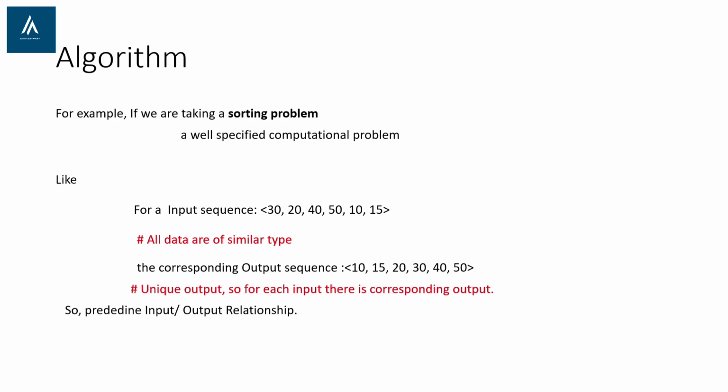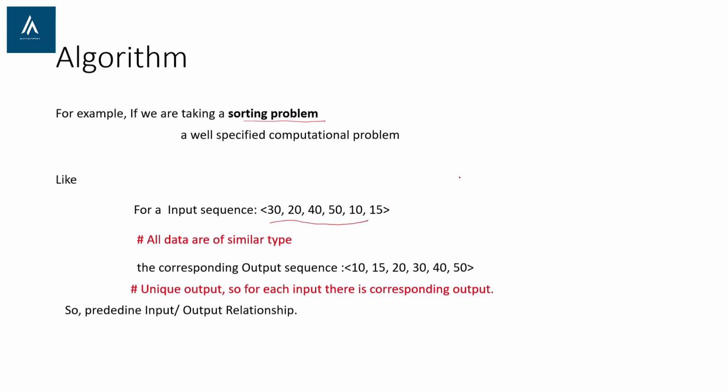For example, I have already told you about a well-defined computational problem. A sorting algorithm is a well-defined computational problem. Why? You can check the input sequence: it has some constraints, like being of type integer or float, to be sorted.